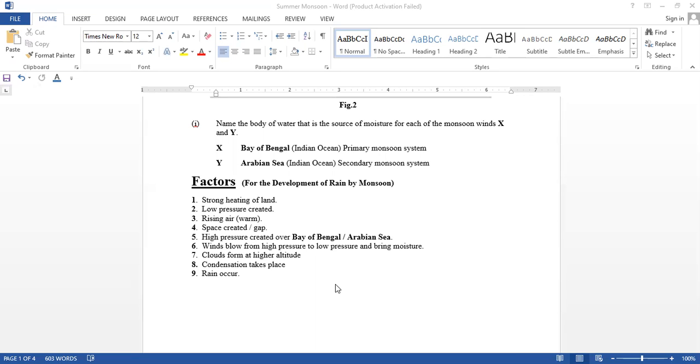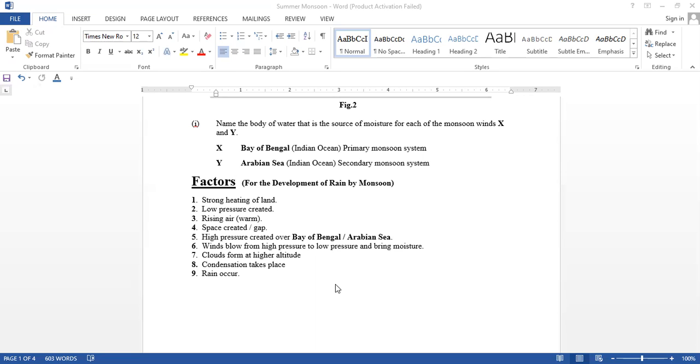When low pressure is created, there is rising air, because the winds warm quickly and rise towards a higher altitude, as warm winds are lesser in weight. So on the surface of the earth, due to the rising of the air, a gap is created, which attracts the winds, and then winds blow from high pressure to low pressure.